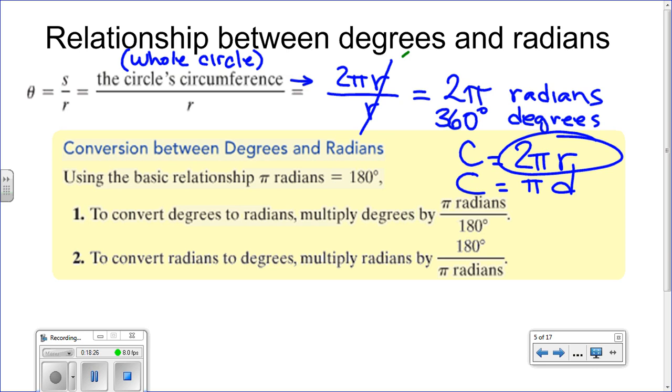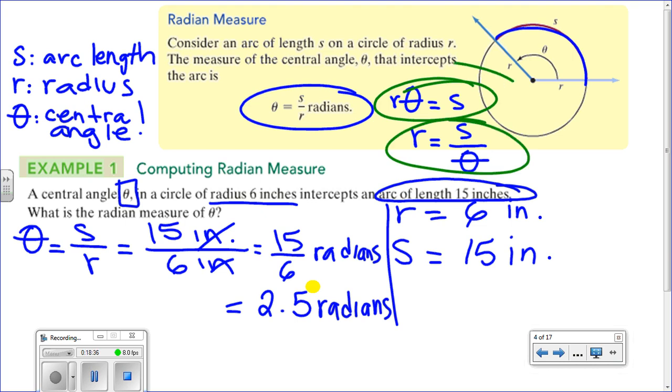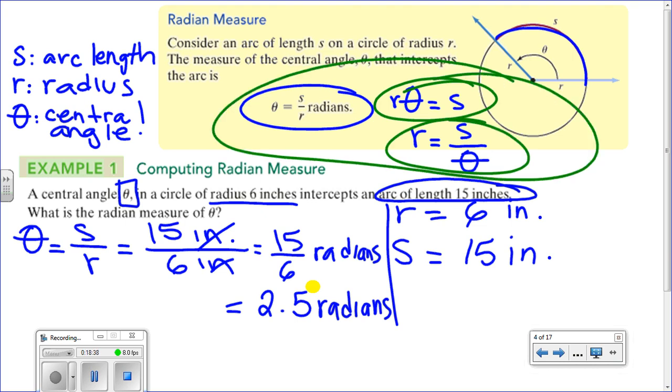However, this is very important, and actually I forgot to tell my other class, but I didn't finish this section, so it's okay. You can only use this formula, actually all these three, if the angle is in radians. And actually, you will have a question like this in the test.